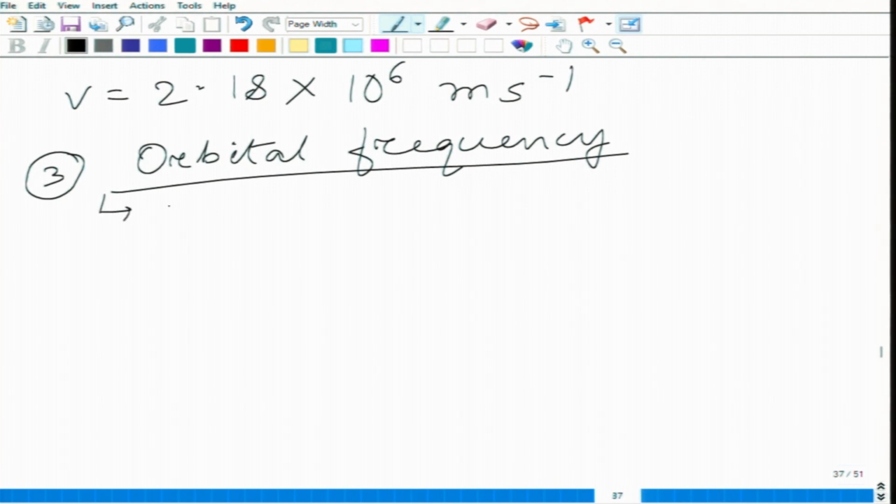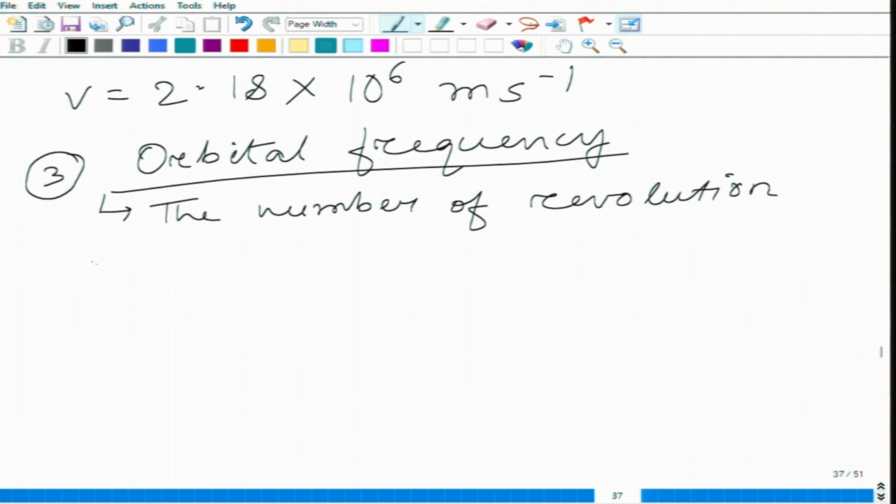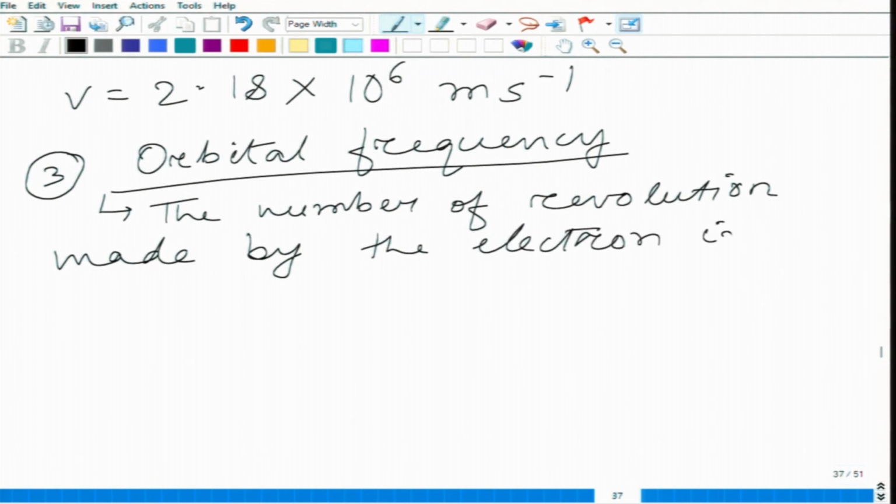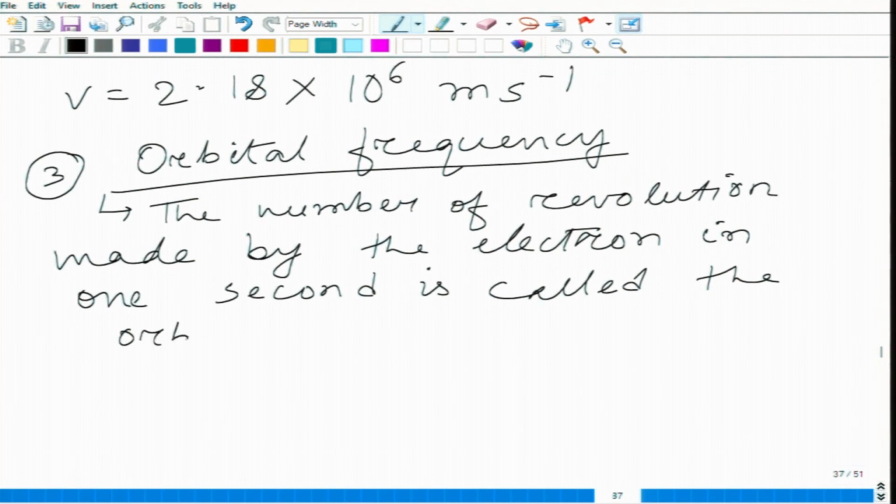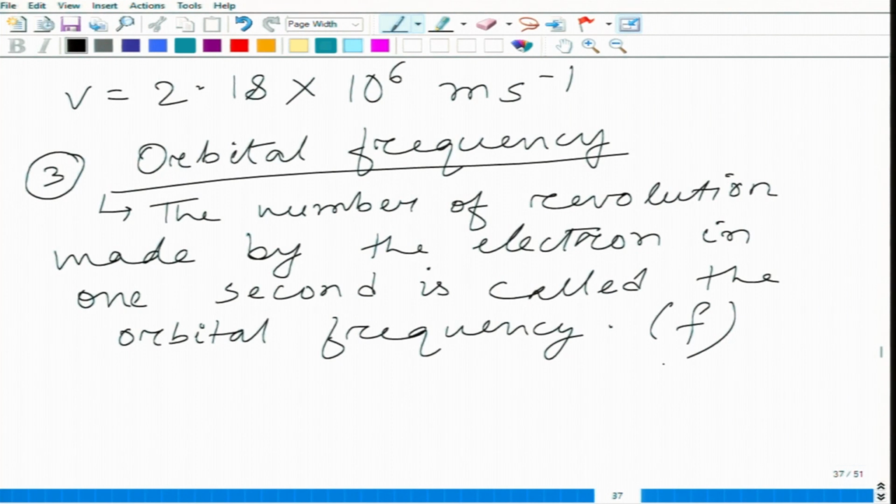Orbital frequency is defined as the number of revolutions made by the electron in 1 second is called the orbital frequency. Let's say this is f.